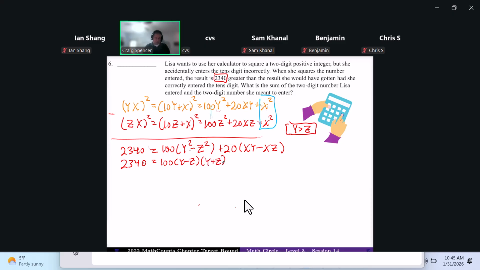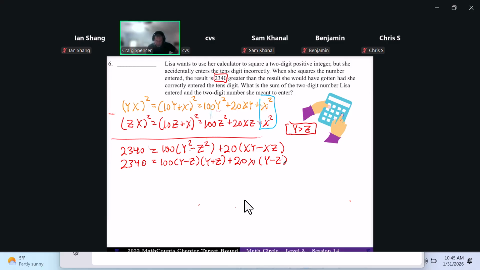So y squared minus z squared is the same thing as (y minus z) times (y plus z). And you could also factor y minus z out of the second term as well. And I guess you're also going to have an x. Or we could just factor an x out and see that we have an x times (y minus z).